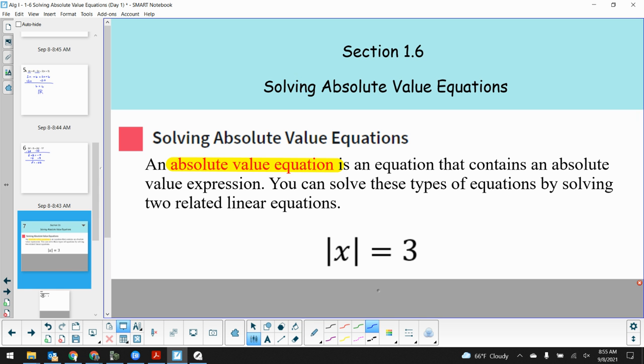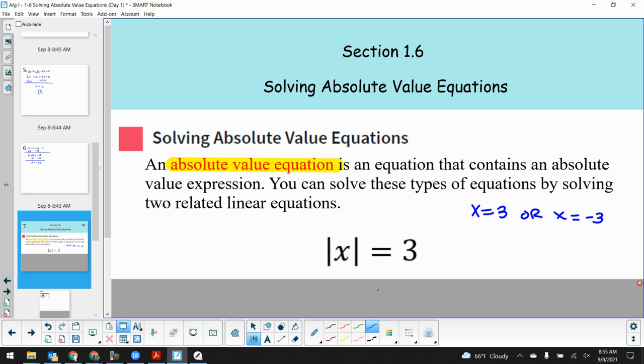I have positive 3. What else could I plug in? Danielle? Negative 3. Because wouldn't that negative turn back positive? Yeah. So this is an equation that actually has two different solutions. My solutions for this equation would say x equals 3 or x equals negative 3. I have two distinct solutions, the positive version or the negative version of that number.